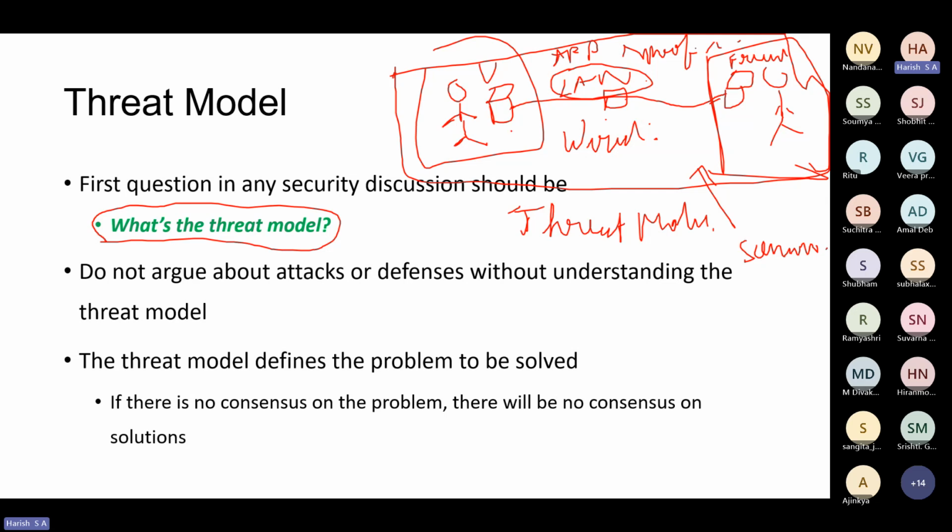An attacker could be here, an attacker could be here, an attacker could be here, and if he is here, what are all the privileges that an attacker has? Can the attacker send packets? Can the attacker craft packets? So a threat model basically defines the capabilities of an attacker.